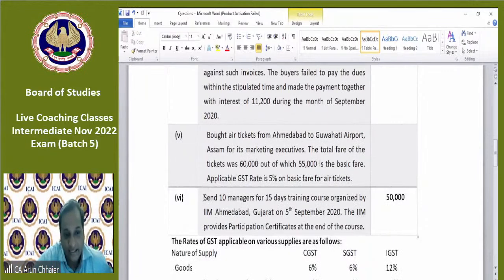Next point: send 10 managers for a 15 days training course organized by IIM Ahmedabad, Gujarat, on 5 September 20. The IIM provides a participation certificate at the end of this course.